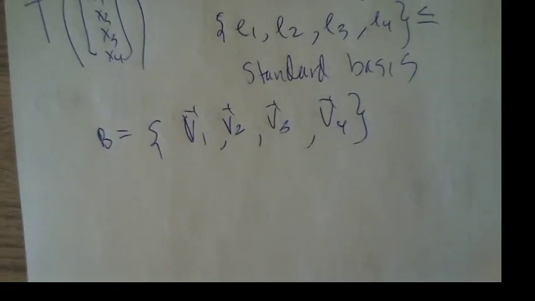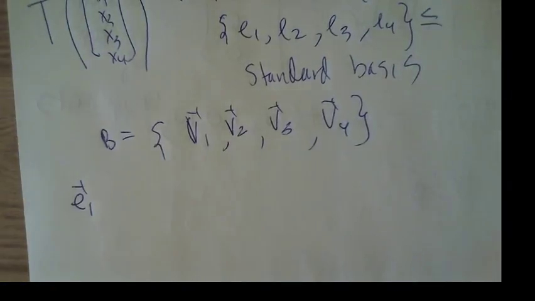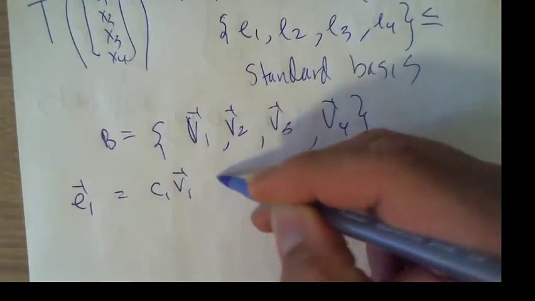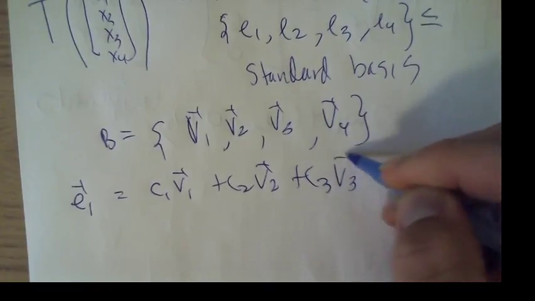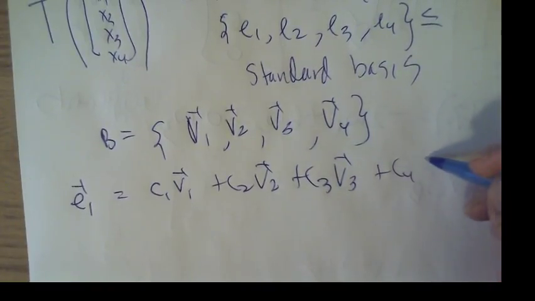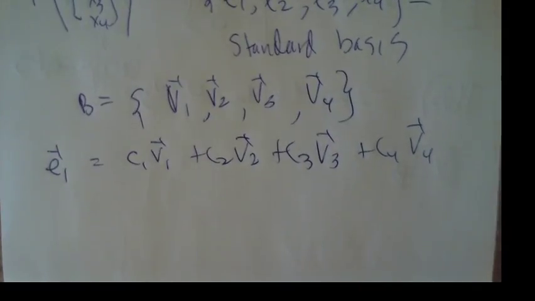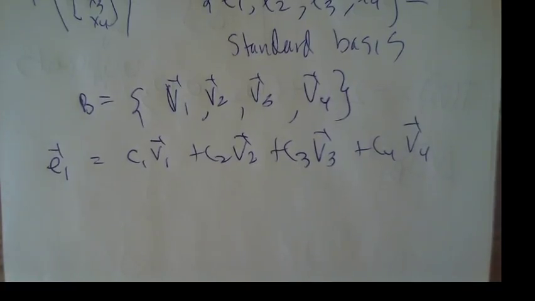Okay, so here's the process that we would do. We would look at E1, and we would have to figure out this C1, C2, C3, and C4.